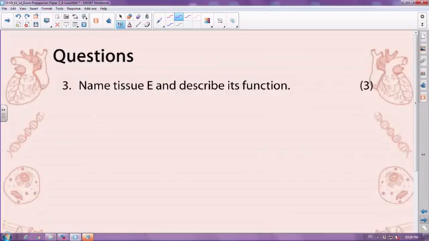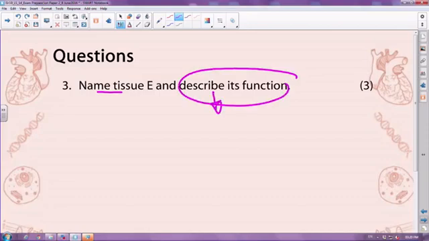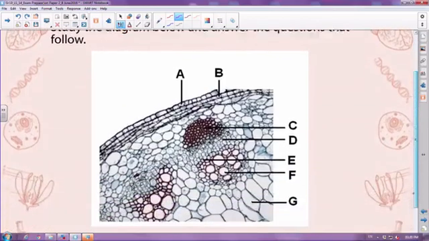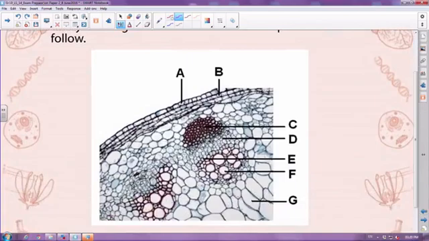Question number 3, name the tissue. So we must name it first and then describe its function. If we have a look at the mark allocation, we don't want you to write just a simple thing. Now if we have a look at tissue number E, we would find phloem over here, and we would find xylem over here.